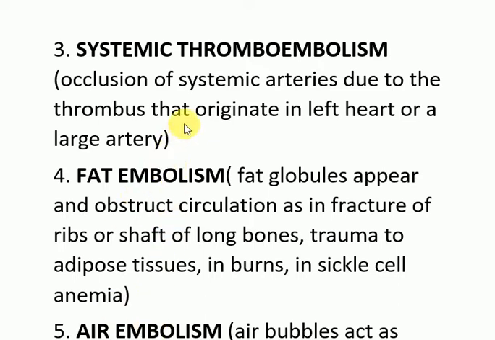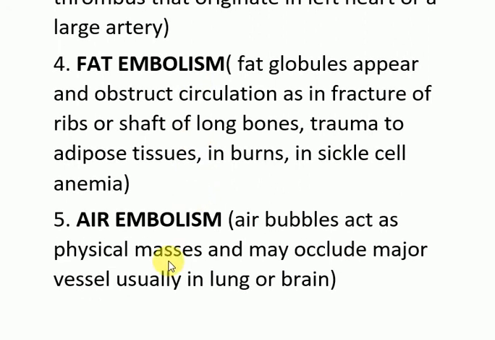Infarction is common when the emboli lodge in the arteries of the brain, heart, kidney, and spleen. Infarction in the intestine and lower extremities may occur only when large arteries are occluded or when collateral circulation in these tissues is compromised. Then the fourth one is fat embolism, in which fat globules appear and obstruct circulation, as in fracture of ribs or shaft of long bones, trauma to adipose tissue, in burns, and in sickle cell anemia.